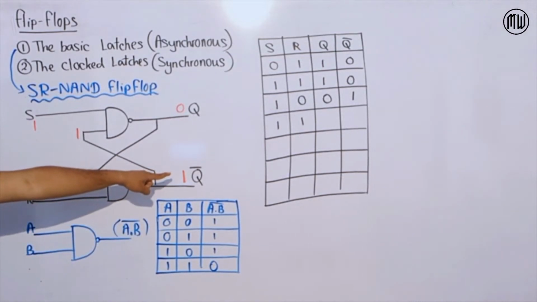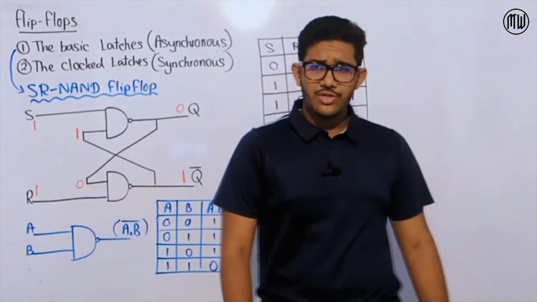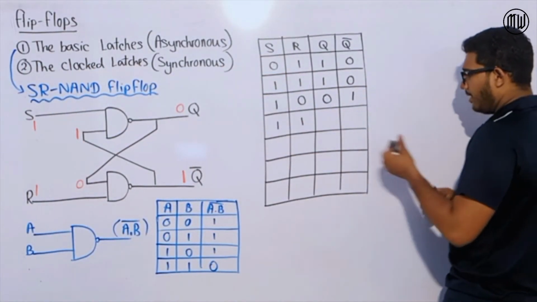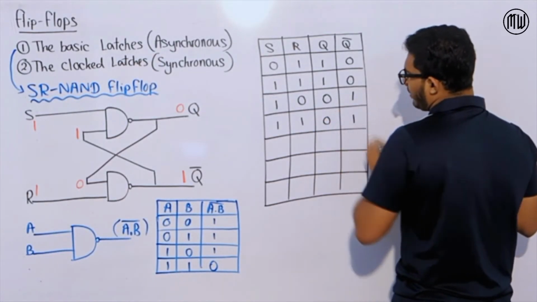That 1 moves to here. Again 1 and 1, 0. Alright, it works perfectly here. So did the outputs change? No, they didn't change. So the outputs remained as 0 and 1.